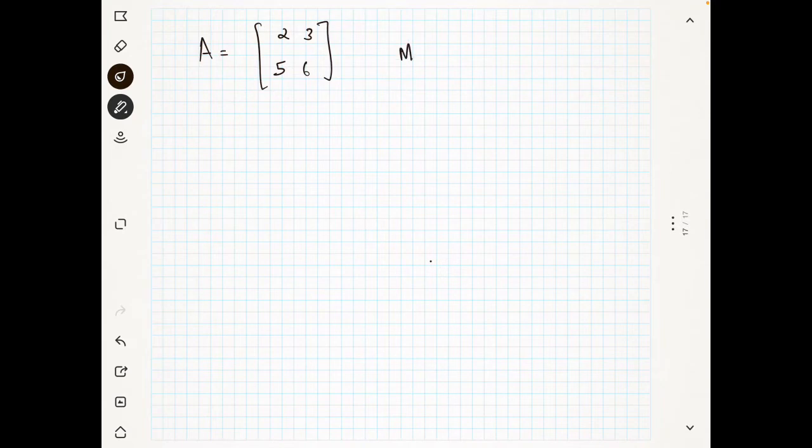Then you know that the minor matrix can be written like this. For the element 2, the minor is 6.